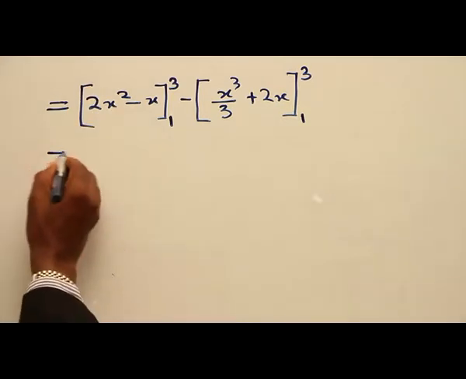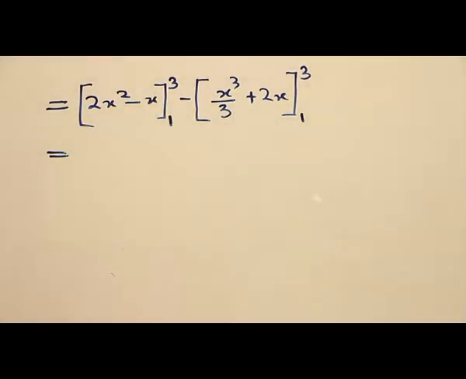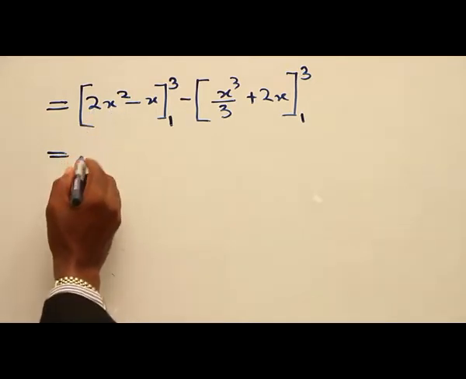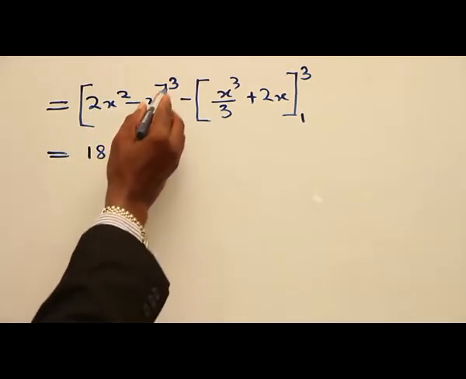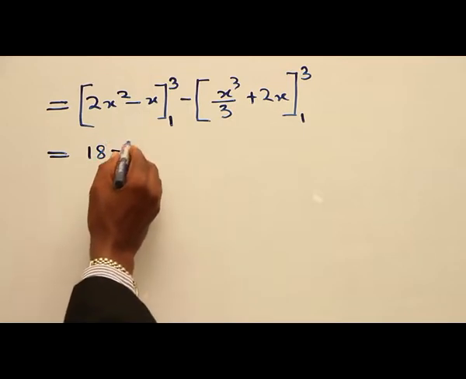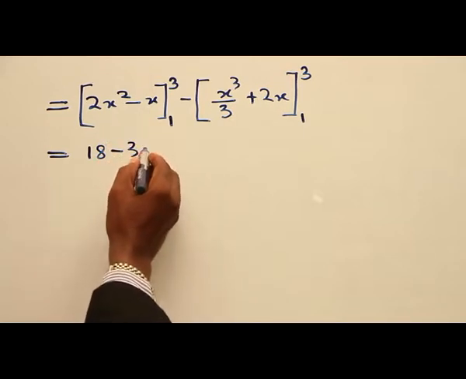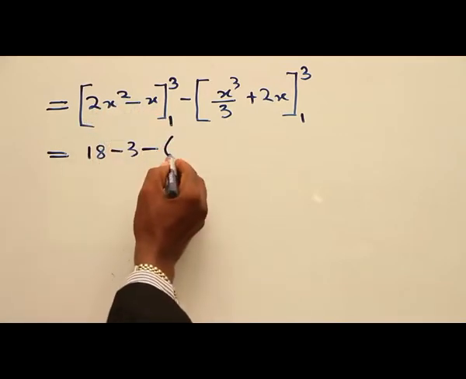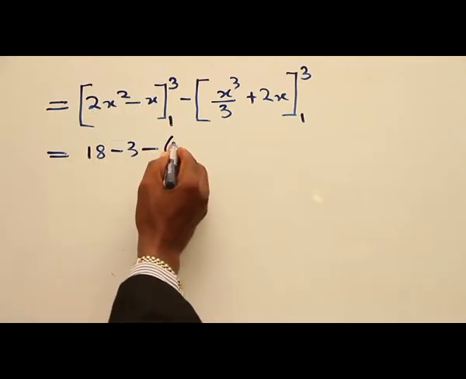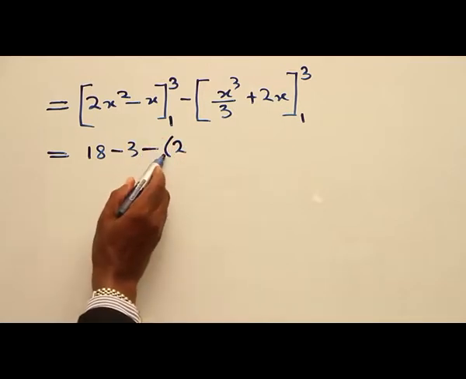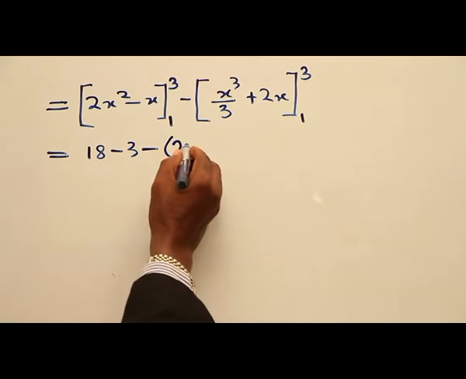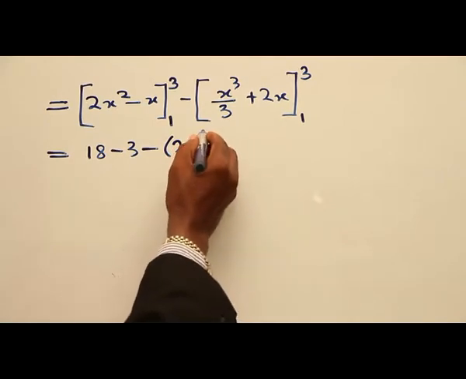Now substituting x equal to 3: 3 squared is 9, 9 times 2 is 18, and then minus 3. And of course minus, substituting 1: 1 squared is 1, times 2 is 2, and you see I'm opening the bracket because of the minus sign, and minus 1. You close the bracket.